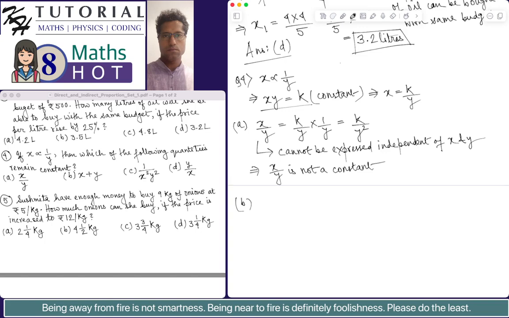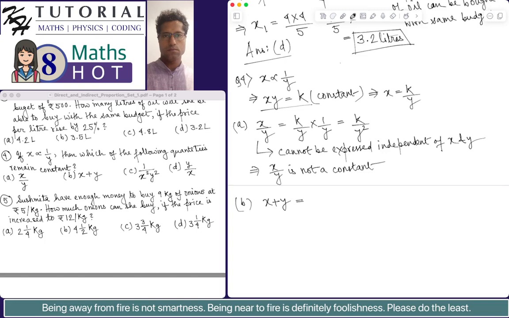Choice B is x plus y. You cannot simplify this expression x plus y to a form where it will not have the quantity x and y.